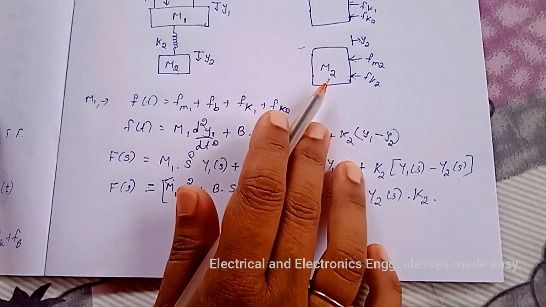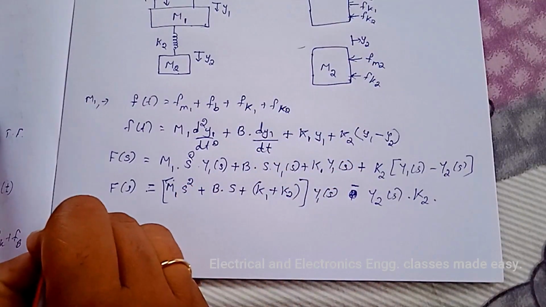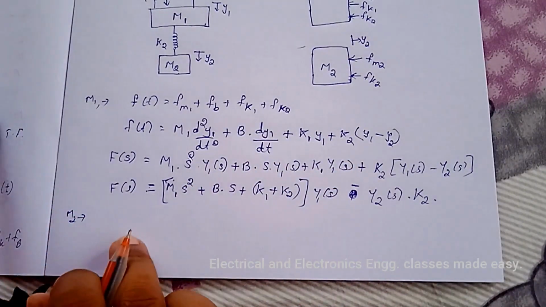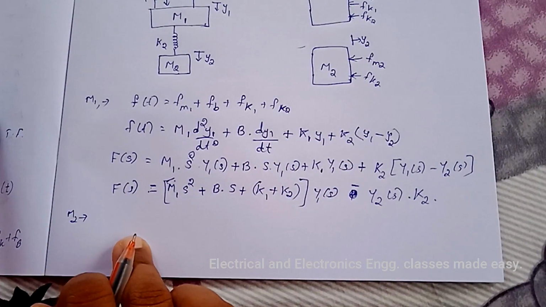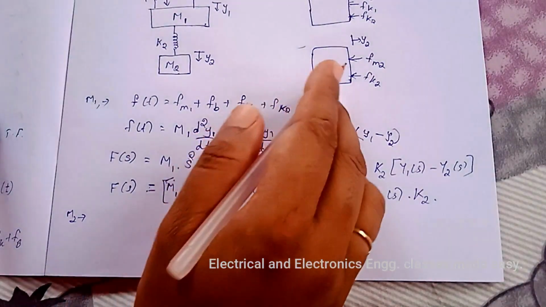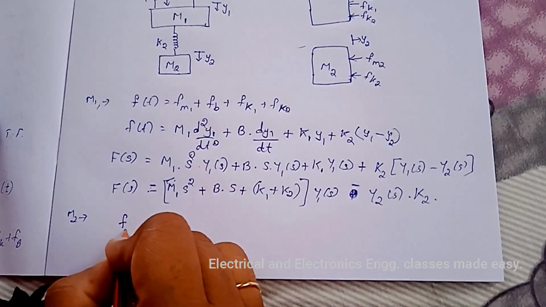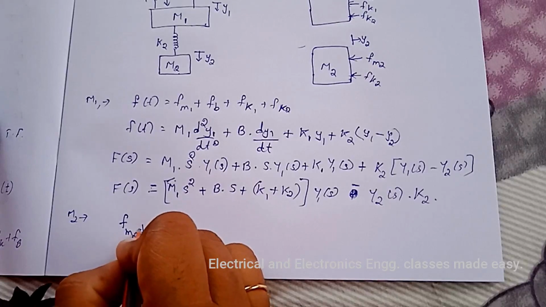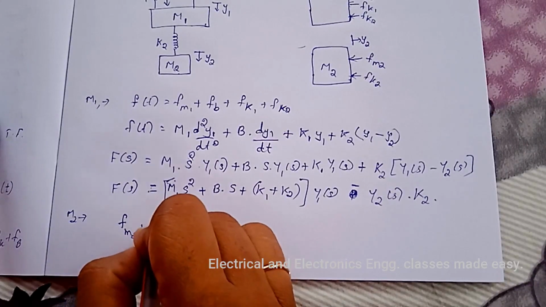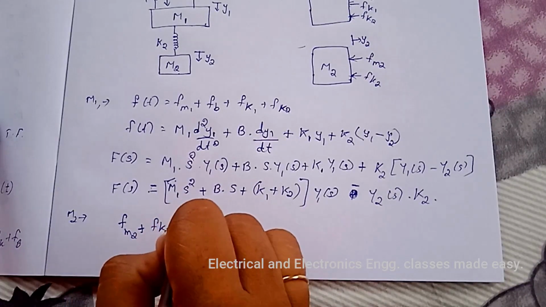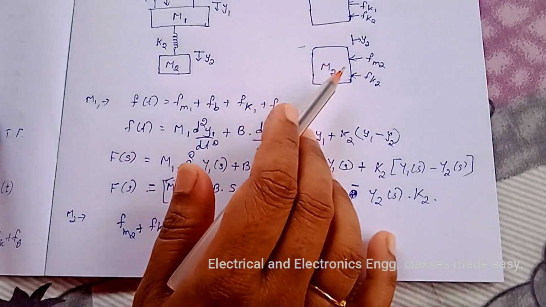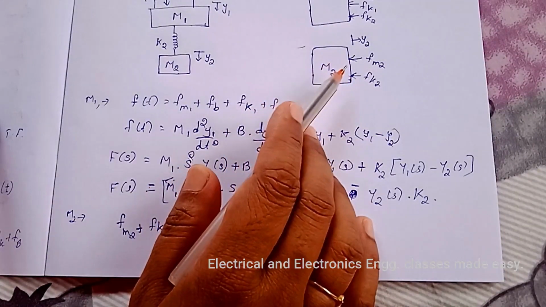Now considering the mass m2, we can write FM2 plus FK2 equal to 0. So here only opposing forces are there.